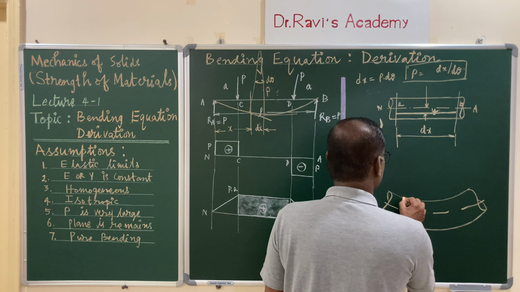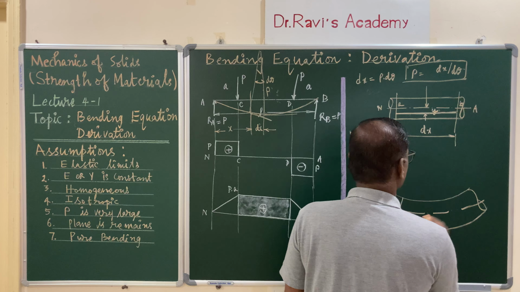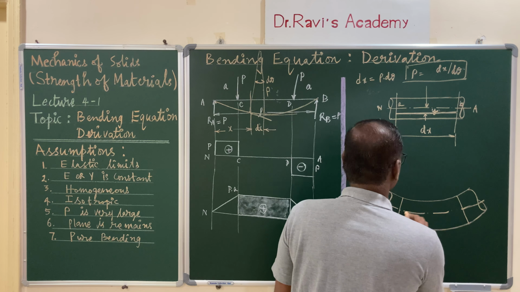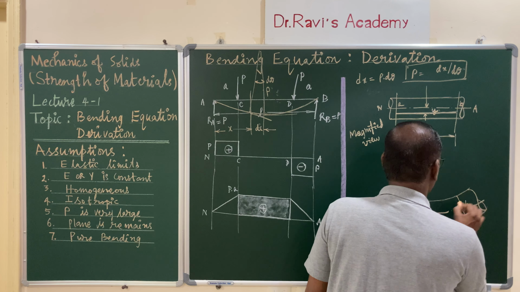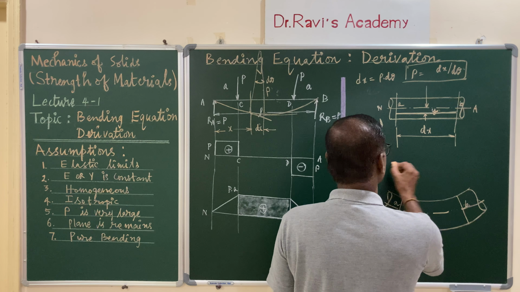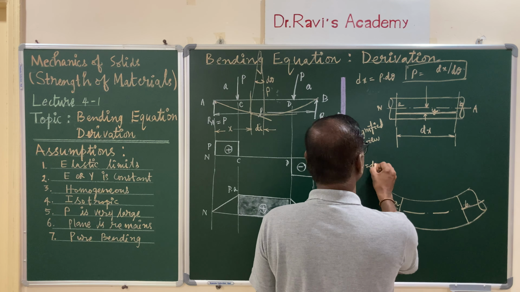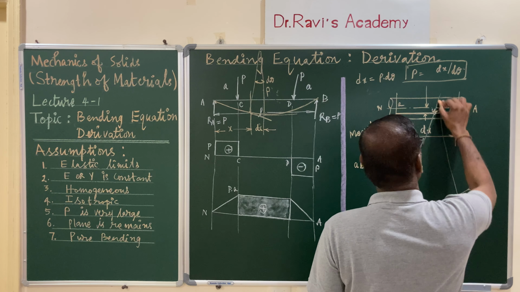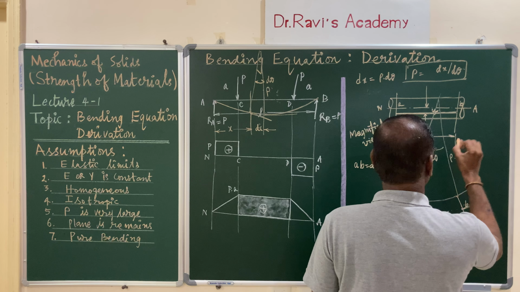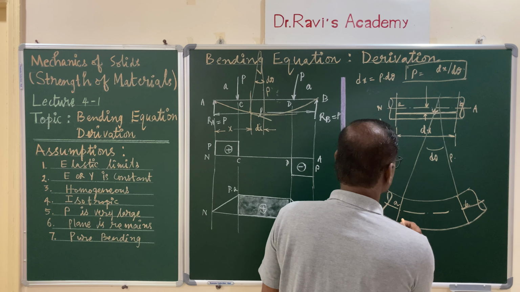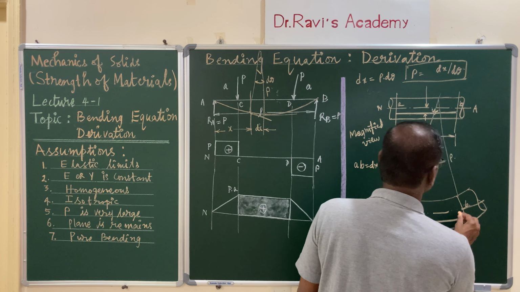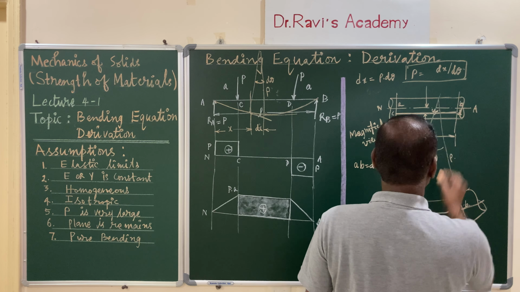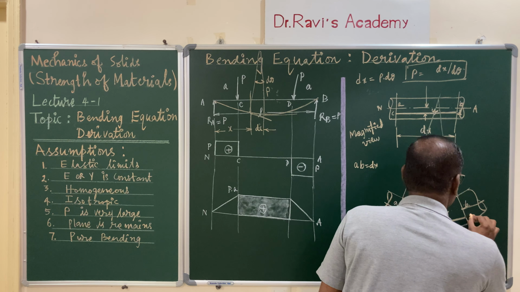Let me take this as your element, and at the neutral axis it is AB, which is also equal to dx. AB is equal to dx, right? If you extend it, somewhere you have d theta, and it is rho, and here at a distance y you have the element, which I am calling CD.